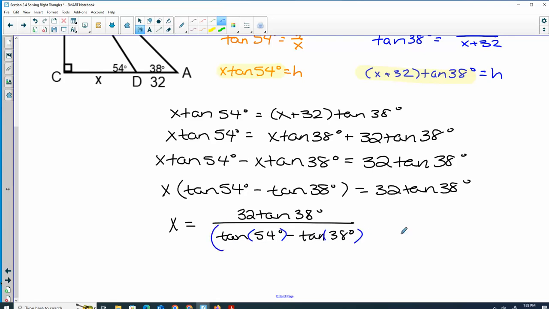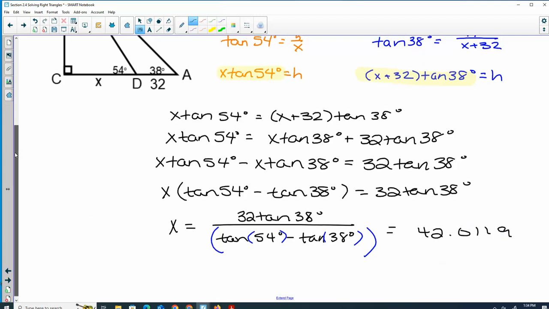Also, the denominator is more than one term, so you need extra parentheses around that whole thing. I got 42.011.